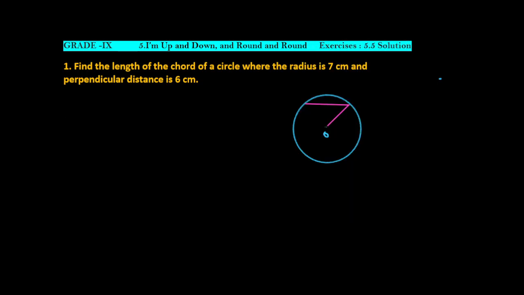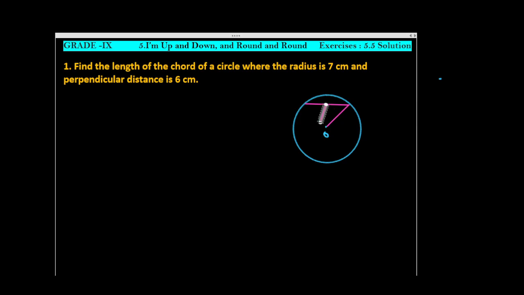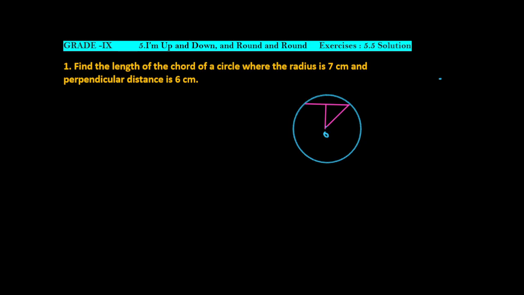So if we drop a perpendicular from the center to the chord, that distance is 6 centimeter. AB is the chord, and OC is perpendicular, radius 7 and perpendicular distance 6 centimeter.